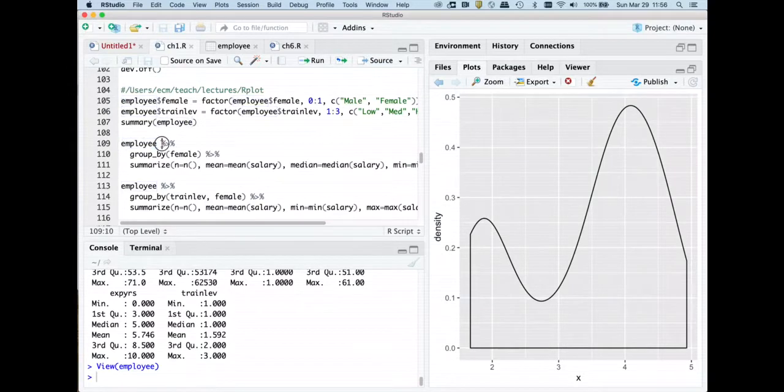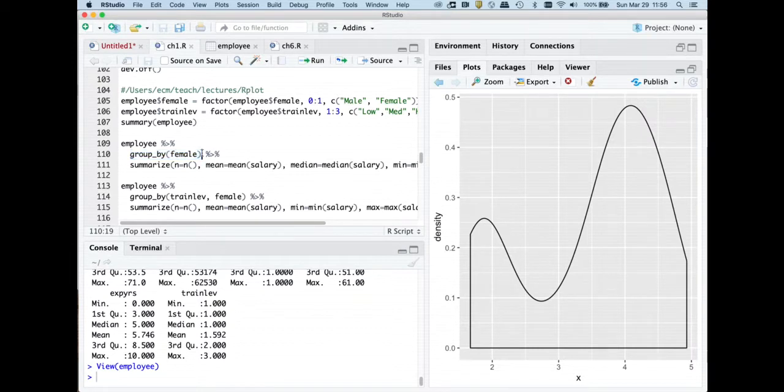This percent greater than percent sign is called a pipe. We're connecting this data frame and sending this data into some other commands. Then I'm going to group by, a lot like the group by command in SQL, some categorical variable usually. In this case, let's group by female.